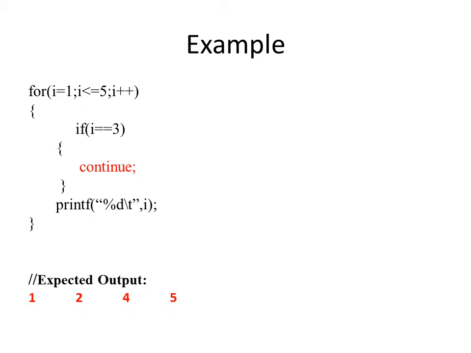So in short, whenever the continue statement is executed, the further statements are skipped, and control transfers towards the start of the loop, and again the increment action is taken out.